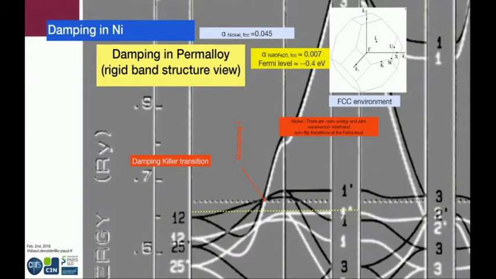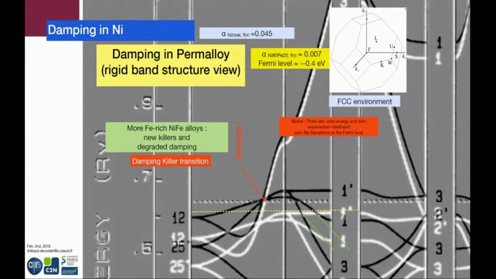But be careful: if we were to go on decreasing the Fermi level by substituting even more iron, we would potentially hit these transitions, and that's maybe one reason why, for iron-nickel alloys of higher iron content, the damping is larger.